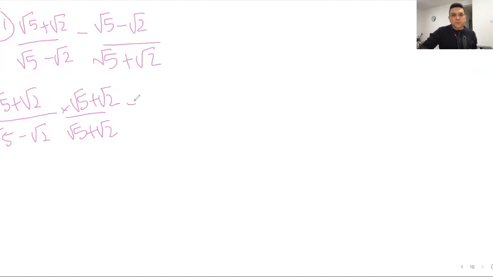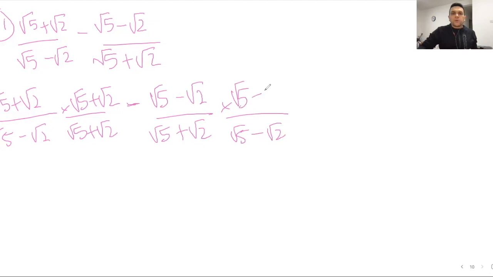And then this, minus square root of 5 minus the square root of 2 divided by the square root of 5 plus the square root of 2, and I multiply by the square root of 5 minus the square root of 2. Okay. I think it's going to help me.